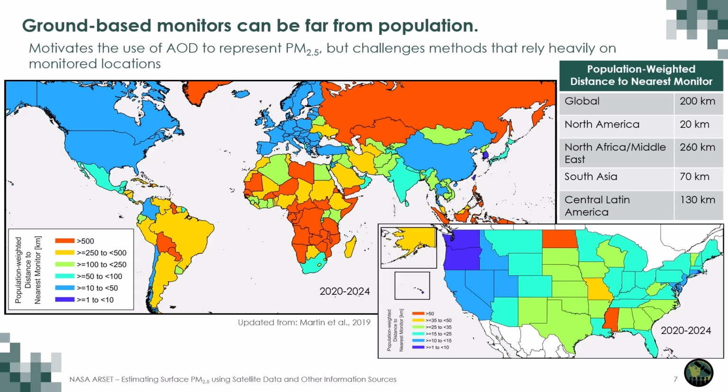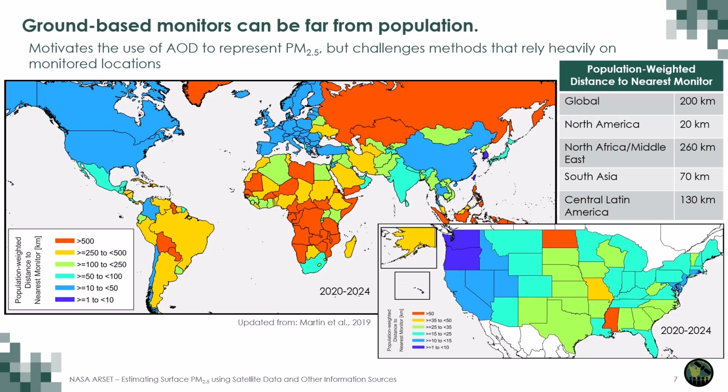I wanted to start by showing the density of publicly available ground-based PM2.5 observations around the world. Here I've updated a figure from Martin et al. 2019 to show the average population-weighted distance to ground-based monitors for countries around the world. You'll note that this average proximity can vary quite significantly, with populations in large regions of North America, Europe, and China, as well as a few others, typically residing within less than 50 kilometers of the nearest PM2.5 monitor.